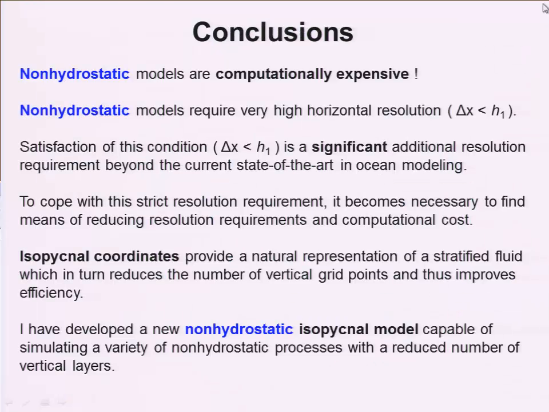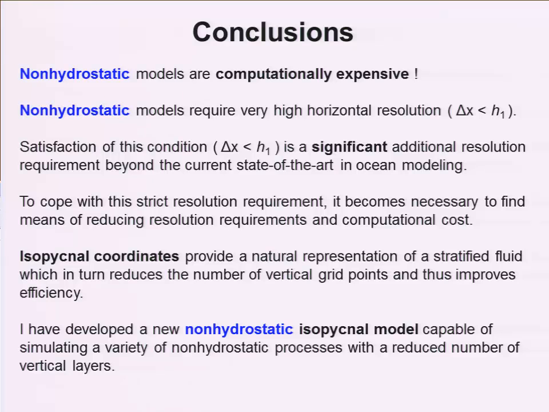So just to conclude, non-hydrostatic models are very computationally expensive, and this is because they require the solution of a pressure Poisson equation, and it requires extremely high horizontal grid resolution to actually resolve the non-hydrostatic effects. Satisfaction of this condition is really a significant additional resolution requirement beyond the current state of ocean modeling.